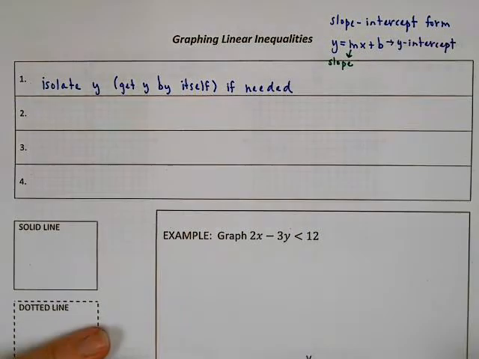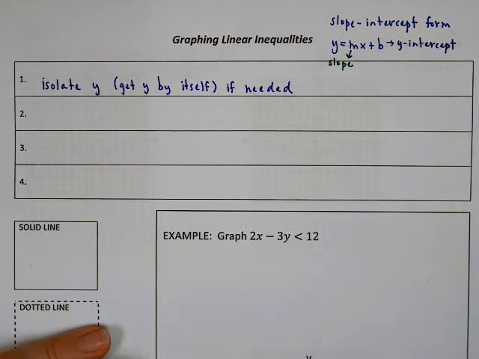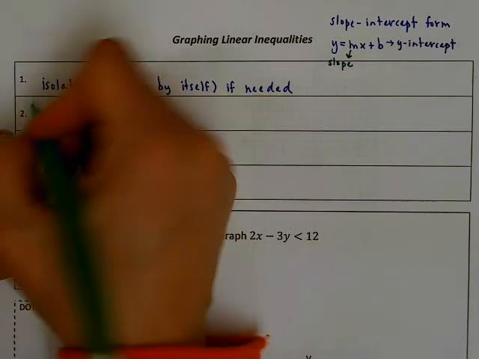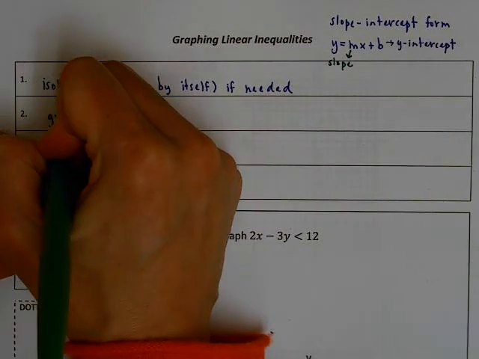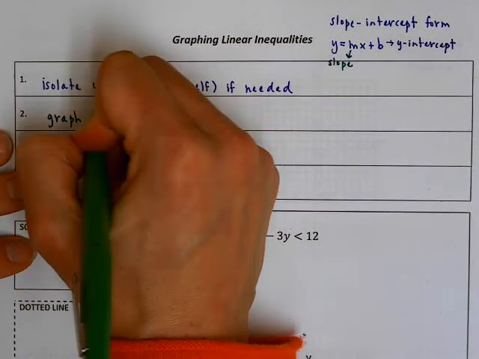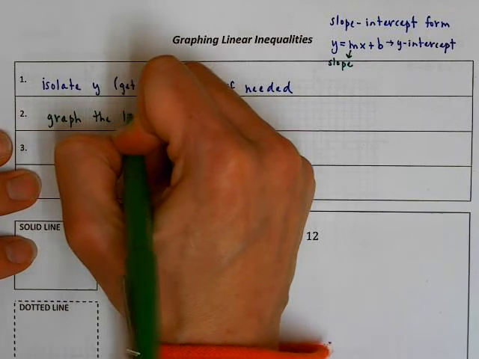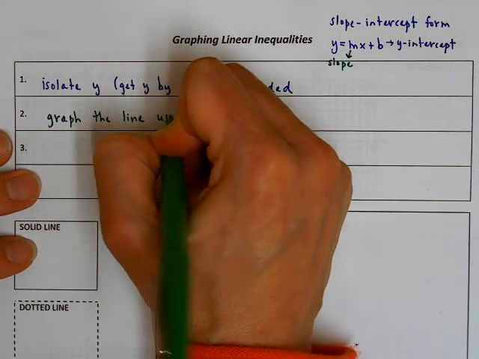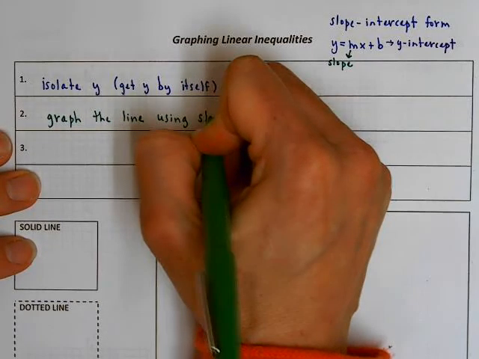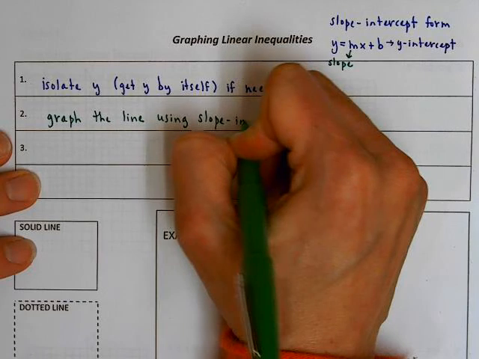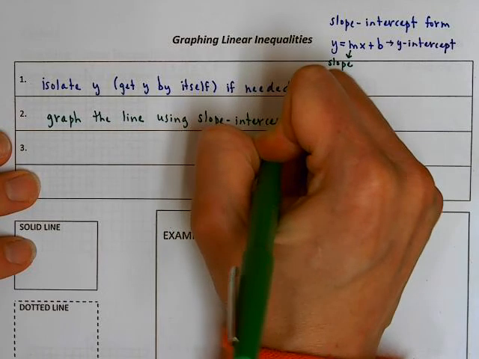So we're going to isolate y, and then we're going to graph the line using slope-intercept form.